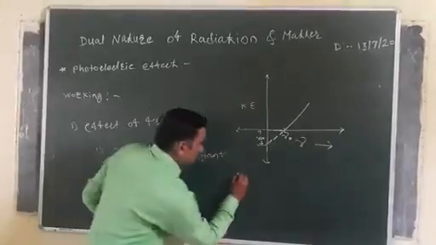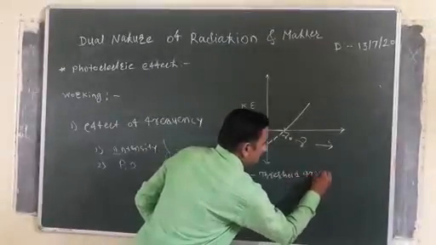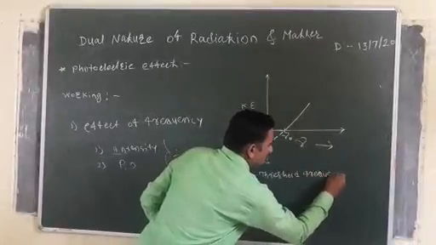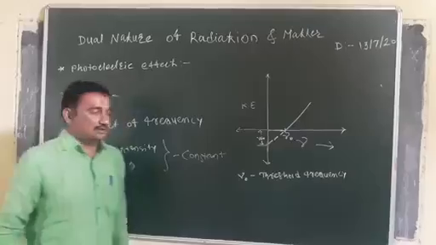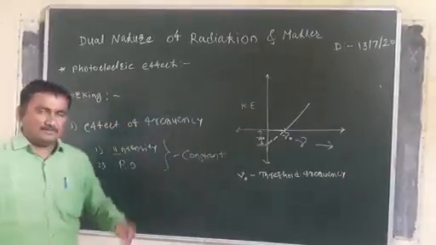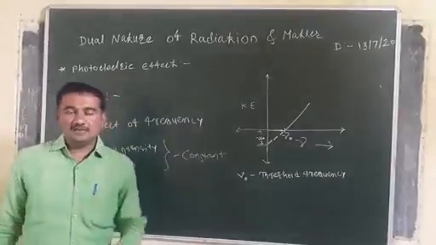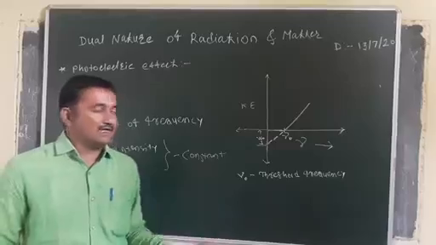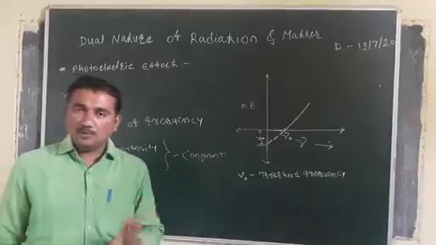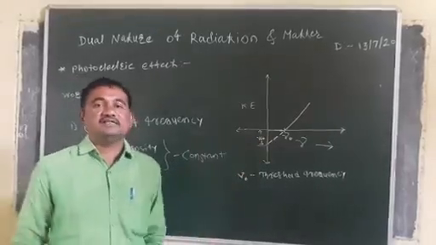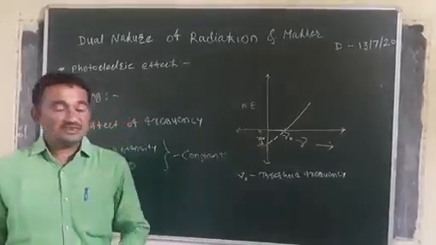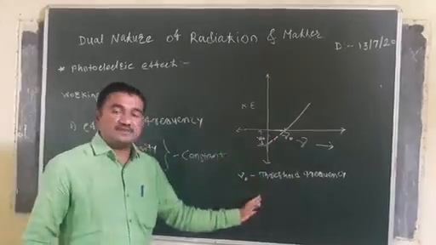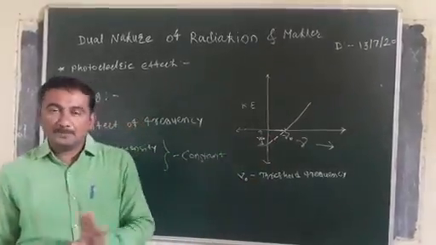Nu zero is the threshold frequency. It is a simple definition: threshold frequency is the minimum value of frequency at which photoelectrons begin to be emitted from the surface. Below threshold frequency, no photoelectrons are emitted from the metal surface.